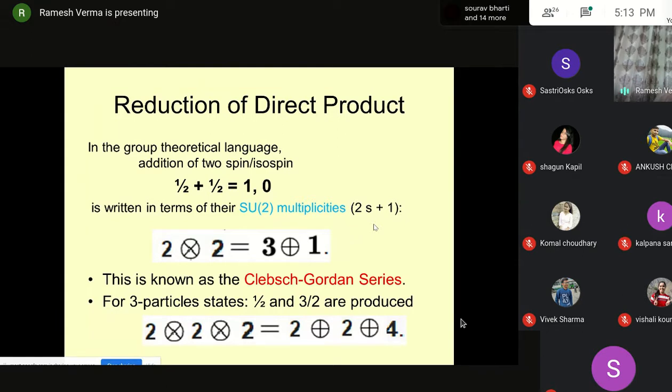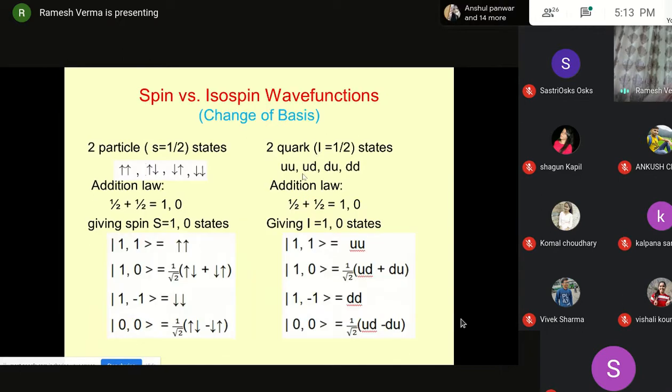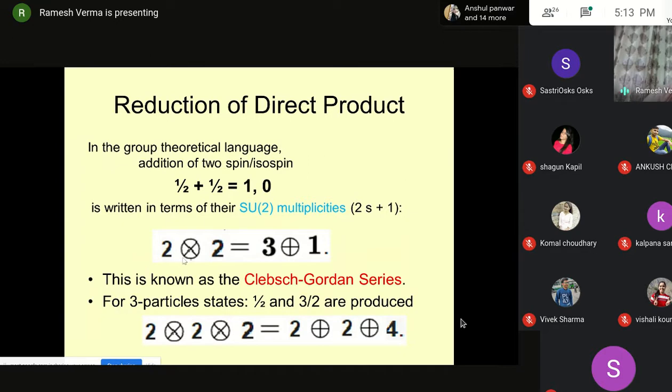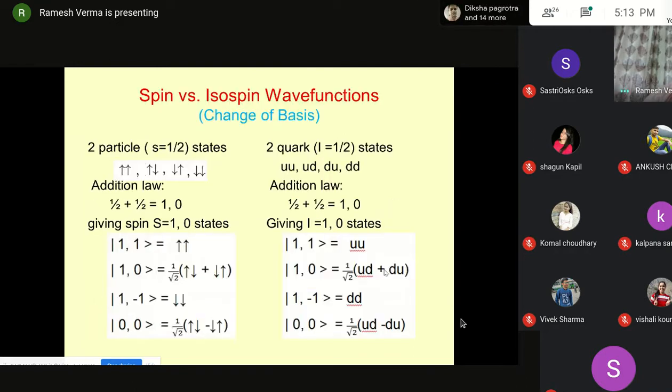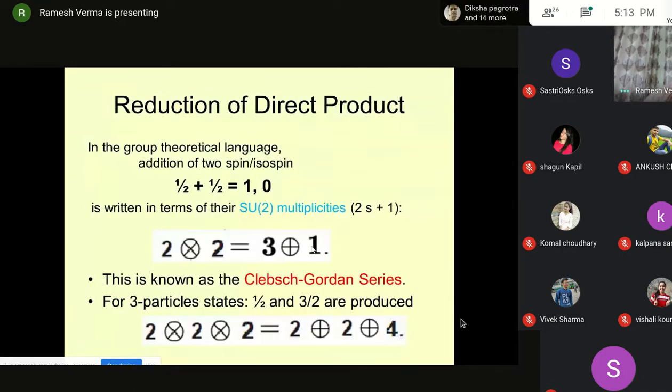So 2 into 2 will give you four possibilities, which we have here. And these are reduced to the sum of 3 and 1: 3 for isovector and 1 for isoscalar. So one can see it through group theory formally also, but that was a trivial case.